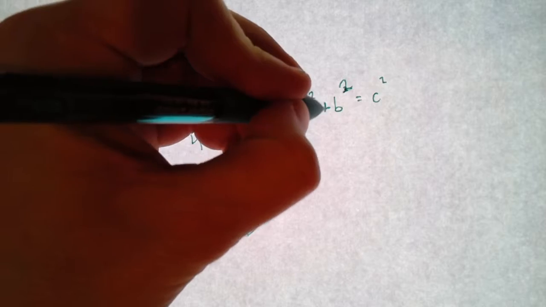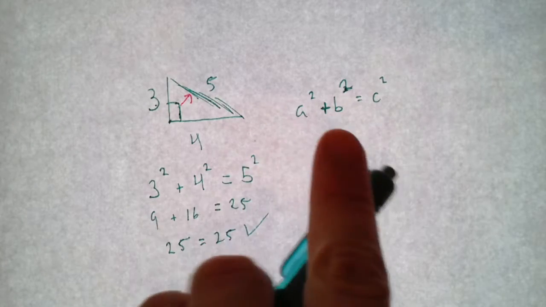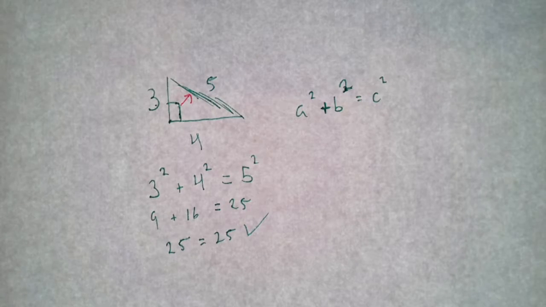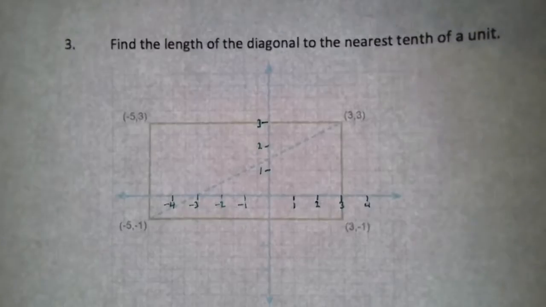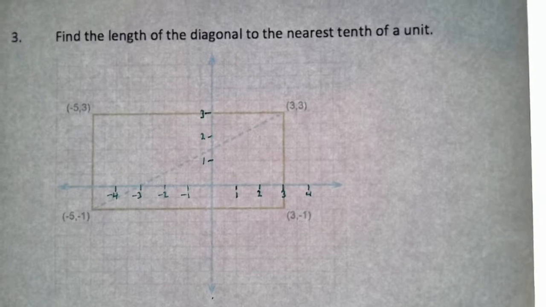Because addition you can do in any order, it doesn't matter which leg you choose to be a or b, but the hypotenuse, make sure you're identifying that one correctly. All right, let's do some sample questions. So, by the way, that only works for right triangles. I think I said that, but I want to make sure that's clear.